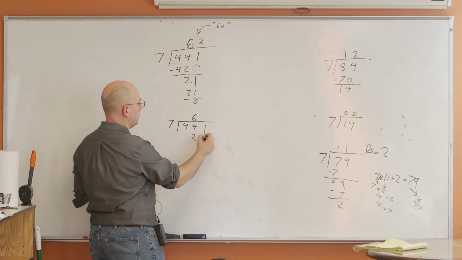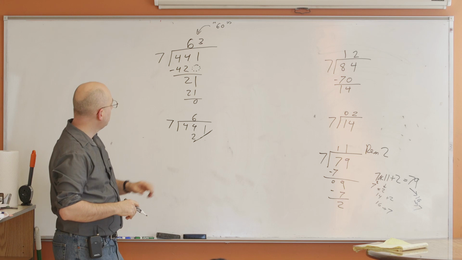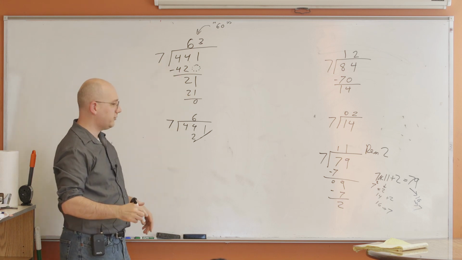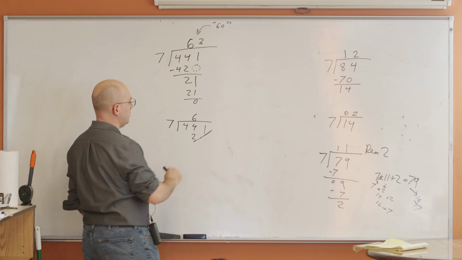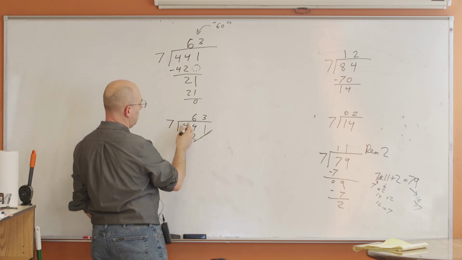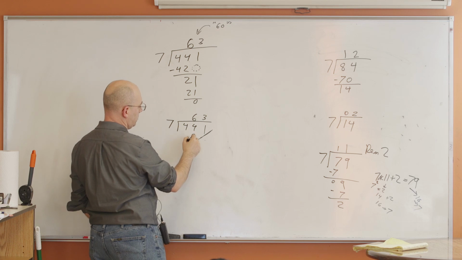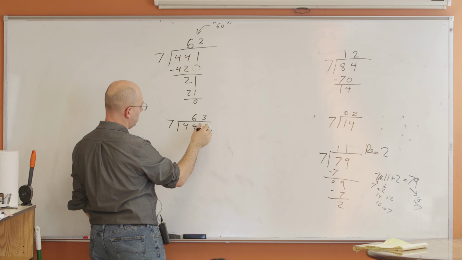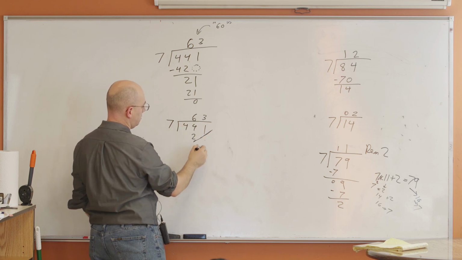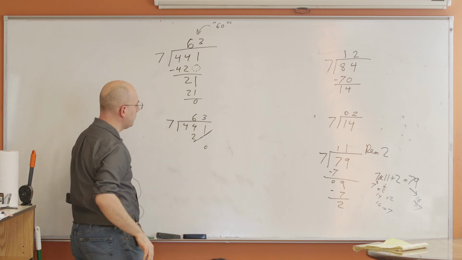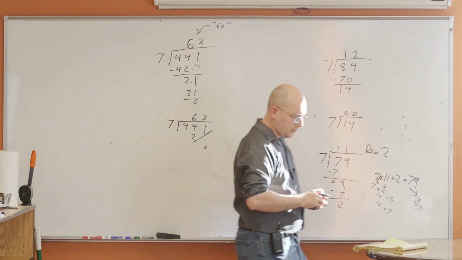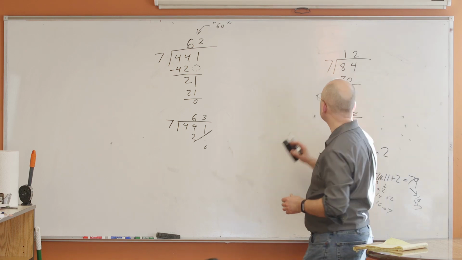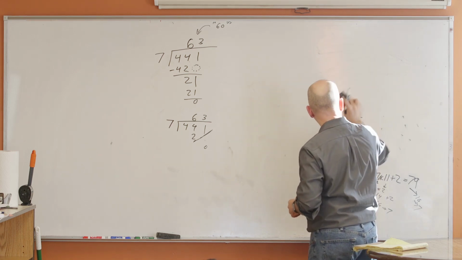And then you've just got your 21 right here. And so you don't actually have to write down all those things. You put a little bit of effort in your mind, and then you're good. 7 into 21 is 3. 3 times 7, left digit is 2. 2 minus 2 is 0. And 3 times 7, right digit is 1. 1 minus 1 is 0. You're good. So you don't have to write everything out in long division if you don't want to.